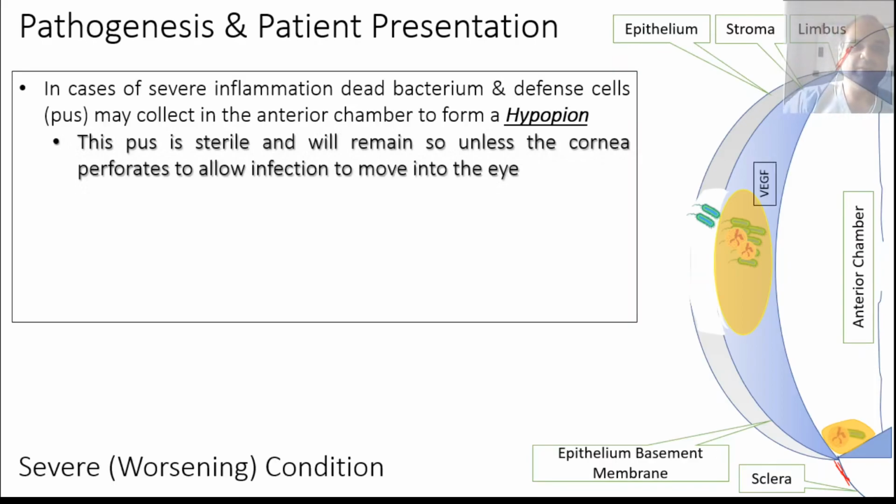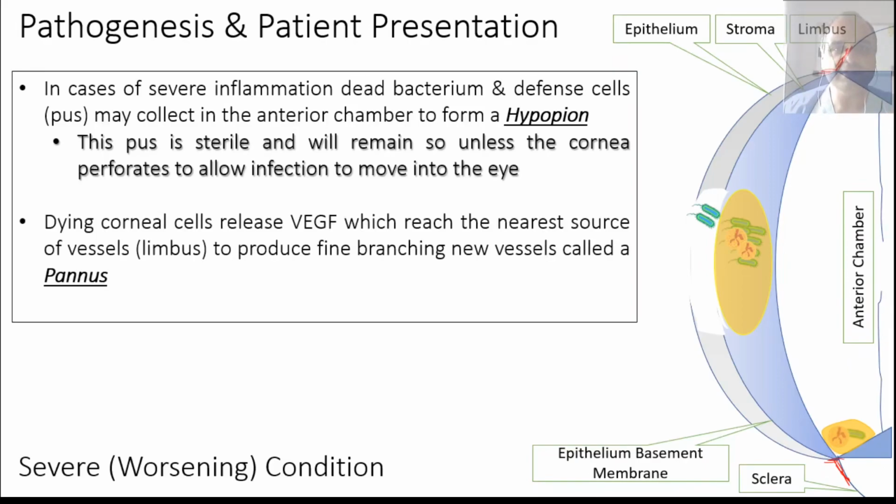The other thing that would happen is, as we talked about before, in relation to what the cornea can do to get some vascular support, is that when the cells within the cornea die, they release VEGF, and this VEGF can act on the closest source of vasculature, which is the limbal vasculature, and produce new vessels on the corneal surface. And this would be again happening on the limbus initially.